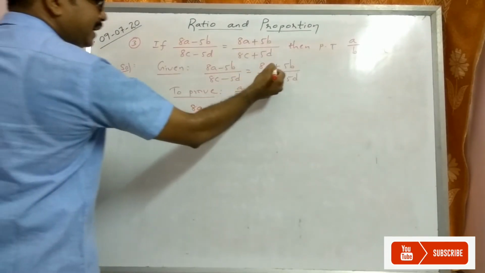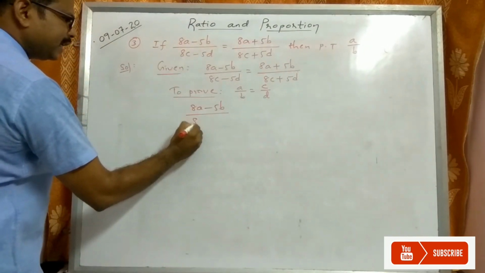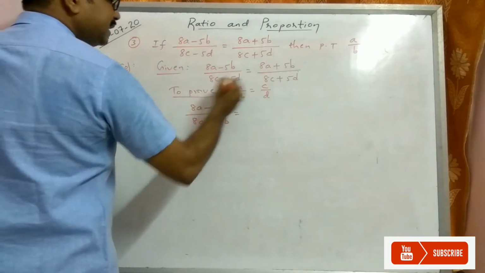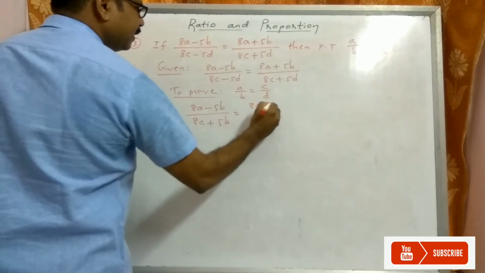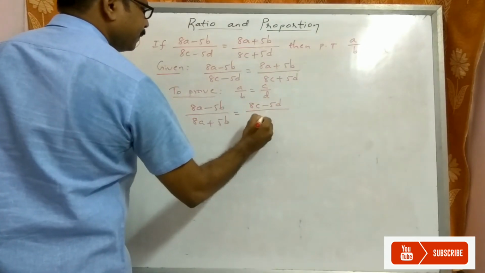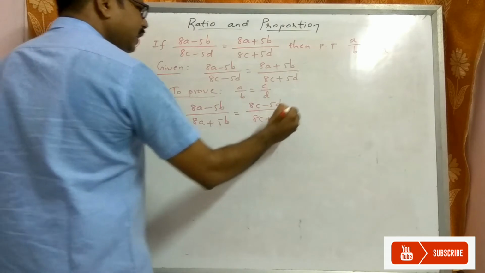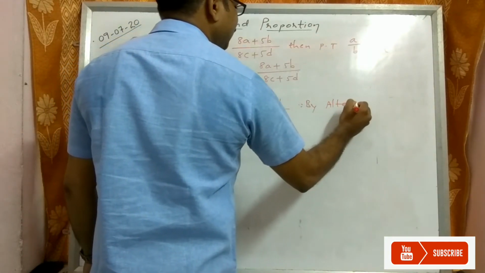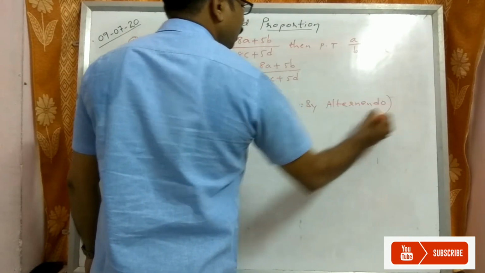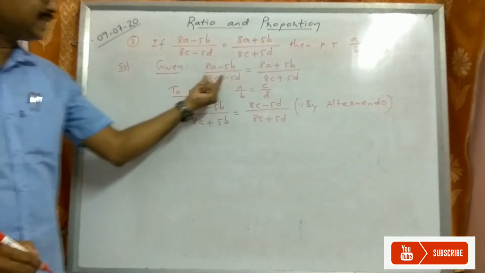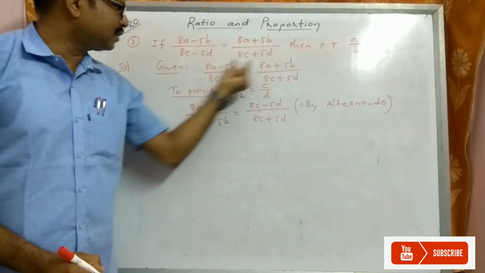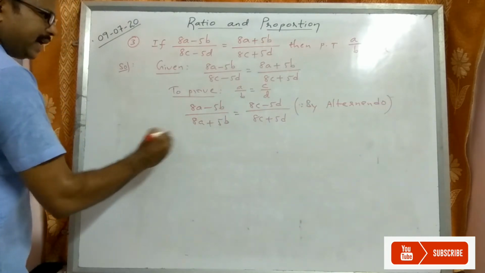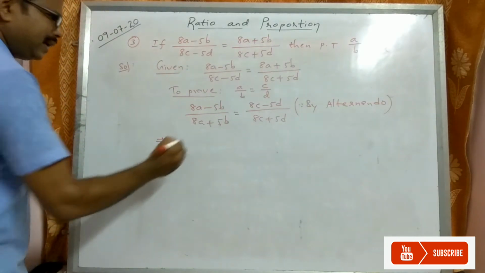I am bringing 8a plus 5b to the denominator here. 8a plus 5b equal to this 8c minus 5d I will write there, 8c minus 5d by 8c plus 5d. How did I write this step? By alternando. Alternation. So we can just exchange the terms here. This comes here, this goes there. Okay? Now same similar terms are there. So I can apply directly componendo and dividendo.